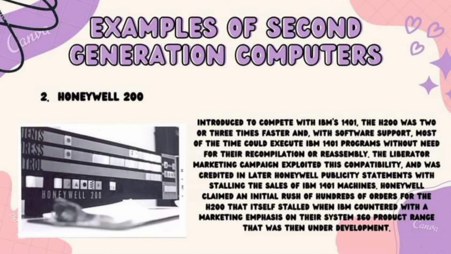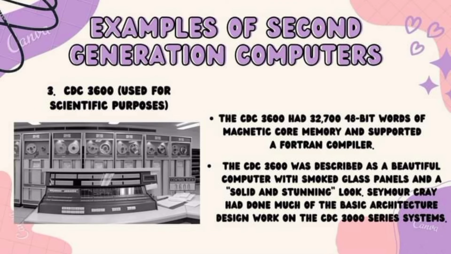The H200 was two or three times faster, and with software support, most of the time could execute IBM 1401 programs without need for their recompilation or reassembly. The Liberator marketing campaign exploited this compatibility and was credited in later Honeywell publicity statements with stalling the sales of IBM 1401 machines.